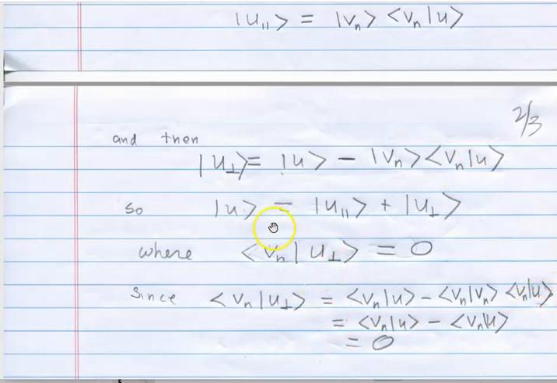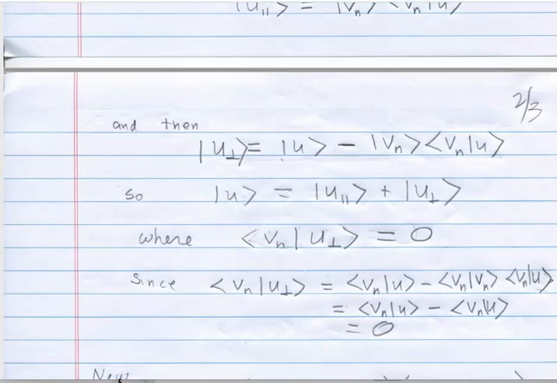So that's just plugging this expression here into this piece and distributing across. The vn is normalized, so that's just 1, and so I just get a number subtracted from itself, which is 0. So the u perpendicular here, by construction, is perpendicular to the vector v.